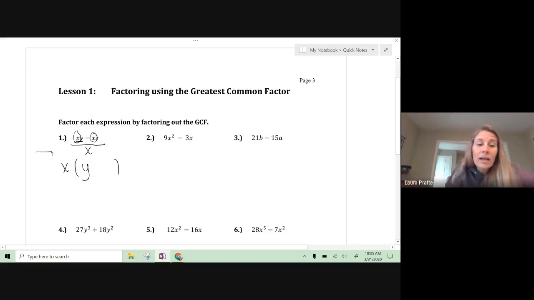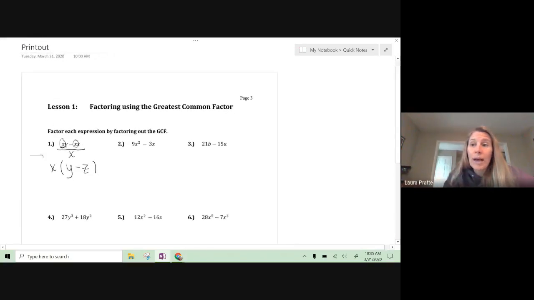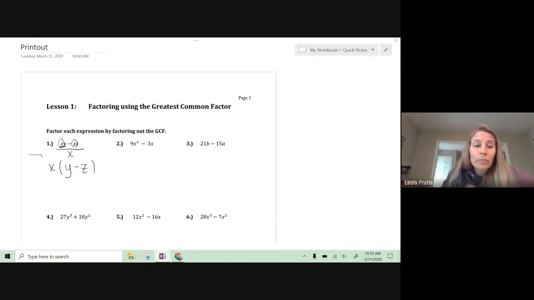And if you have x times z and you divide it by x, you're left with just that z. The way to check your work is to distribute back to see if you get back to your original. So if I were to distribute back here and multiply the x times the y and then the x times the z, I would get back to my original problem.